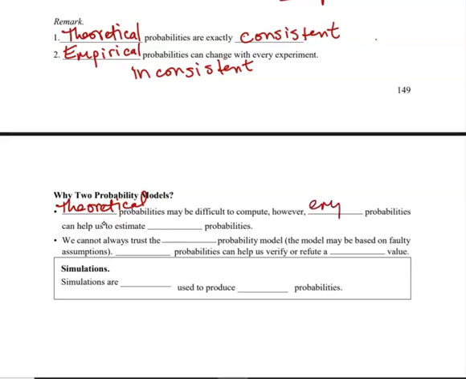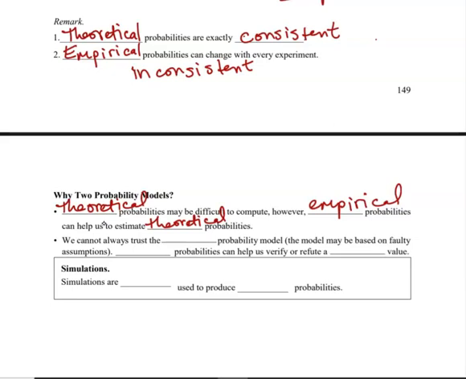However, empirical probabilities can help us to estimate those theoretical probabilities. So I may not know without a doubt what the theoretical probability is that a person over the age of 50 will get, I don't know, colon cancer.